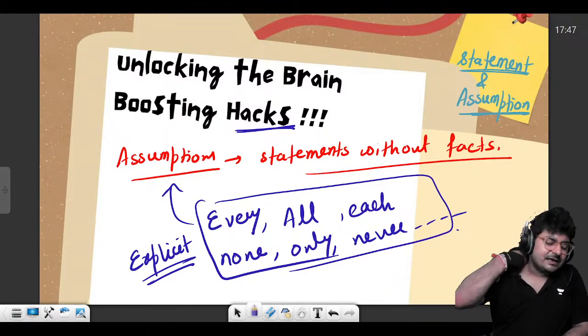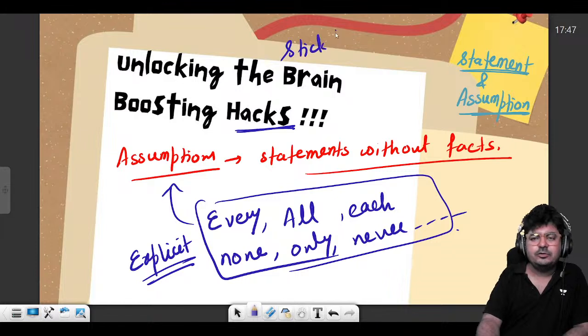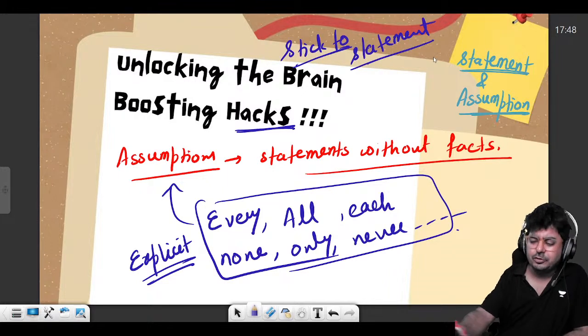अब आपको पता कैसे करना है, here also the basic rule: stick to the statement. The statement given to us will be the absolute truth.